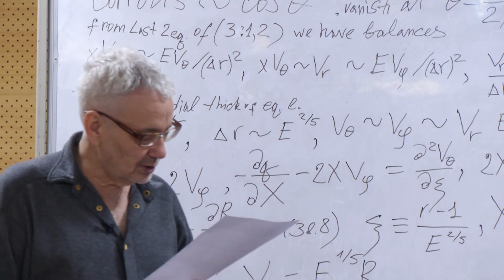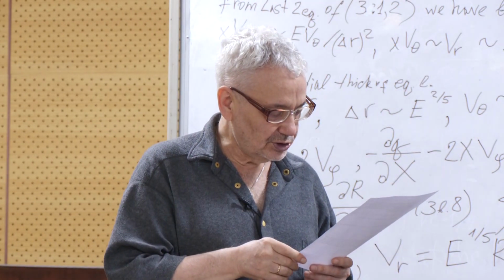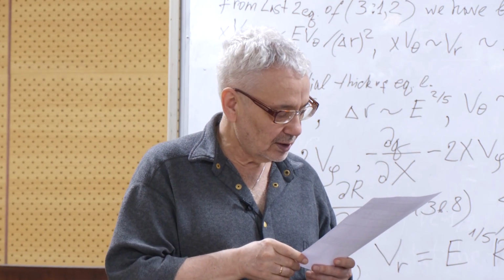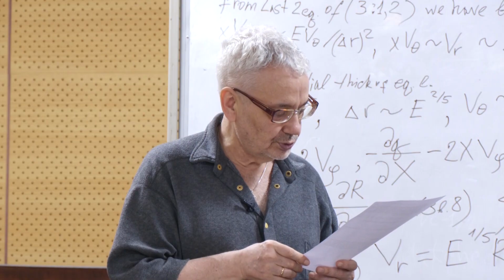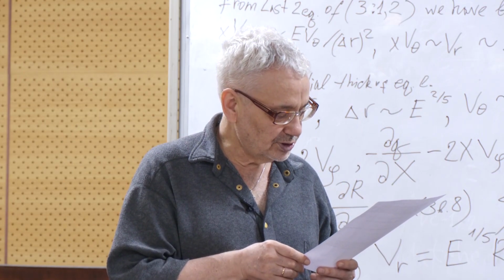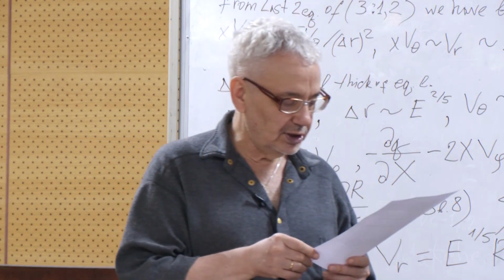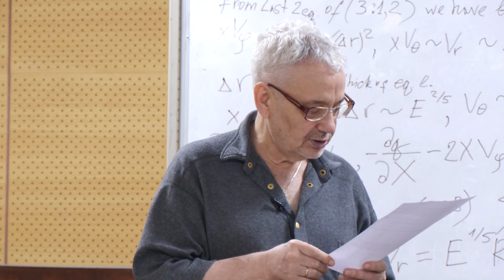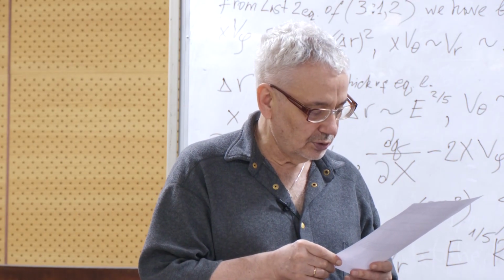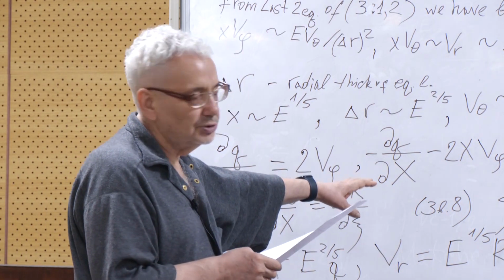So in this chapter we have discussed qualitatively the structure of the shear layers in the tangent cylinder for the Proudman-Stewartson flow. The larger scale part of this flow was discussed in detail in the previous chapter. The flow in the Ekman boundary layer was discussed, not in all detail, but at least in some detail. We didn't solve the system.